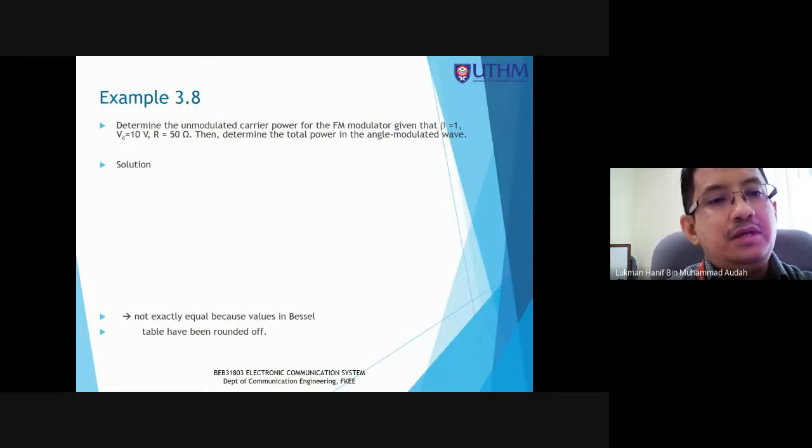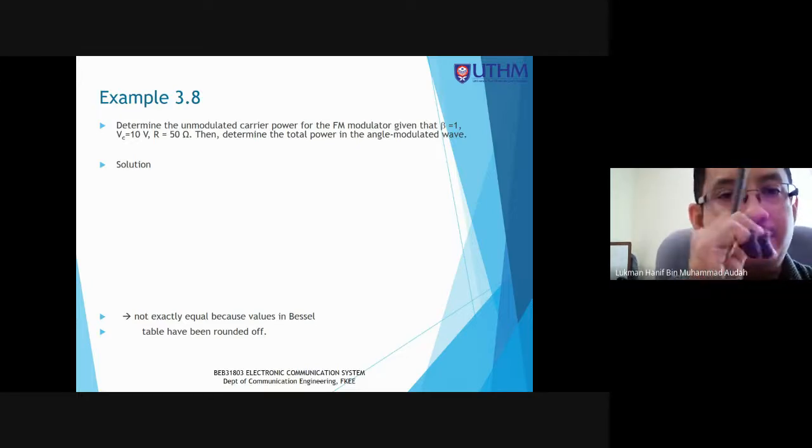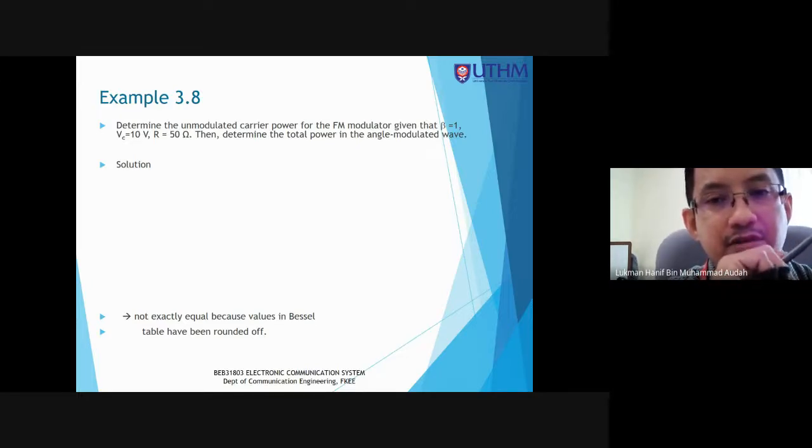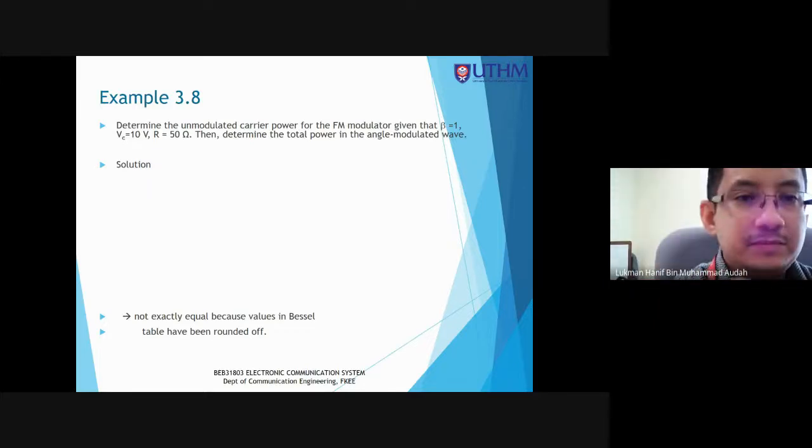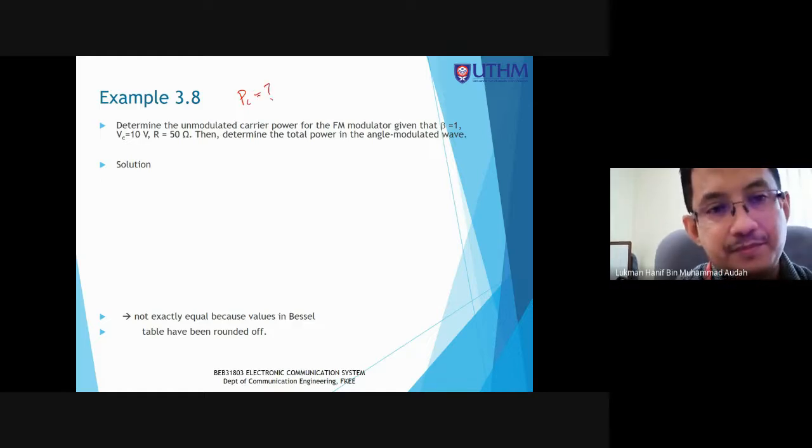Determine the unmodulated carrier power for the FM modulator, given that beta equal to 1. First the question asks to find the unmodulated carrier power, which means how much is Vc.